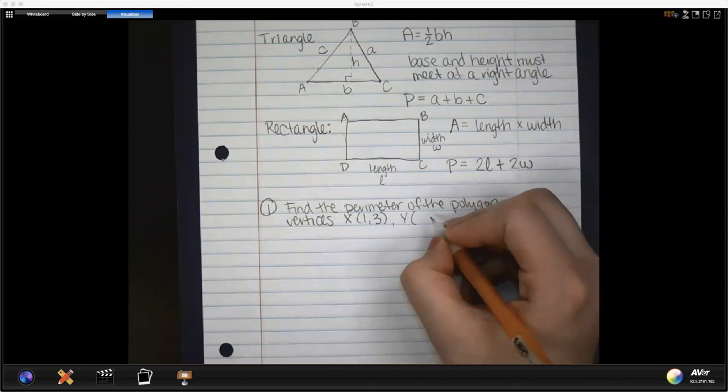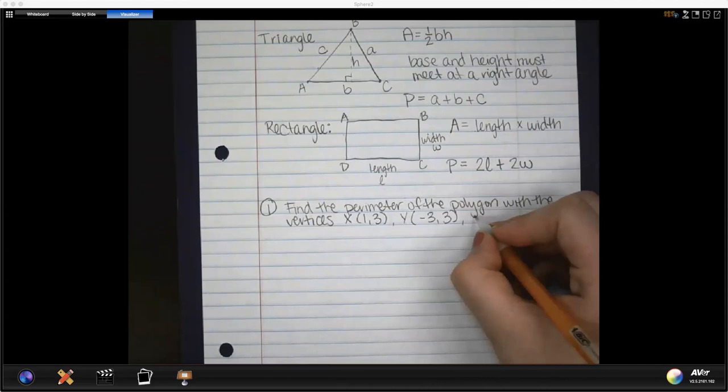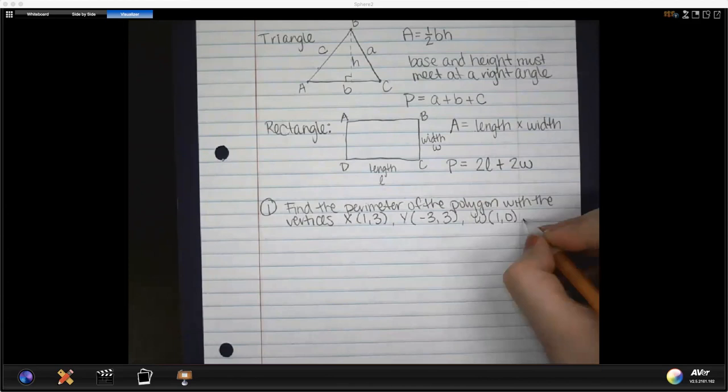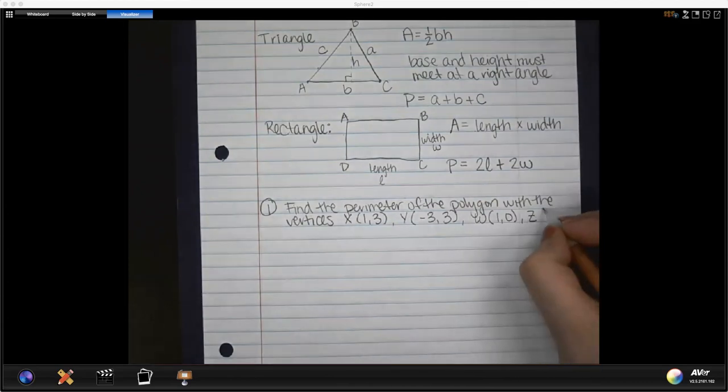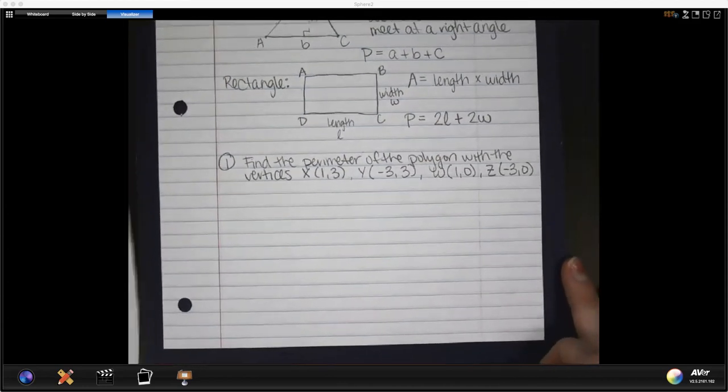Y as -3, 3. Oh, I did this not alphabetical. W as 1, 0. And Z as -3, 0. So find the perimeter of the polygon with the vertices X as 1, 3, Y as -3, 3, W as 1, 0, and Z as -3, 0.